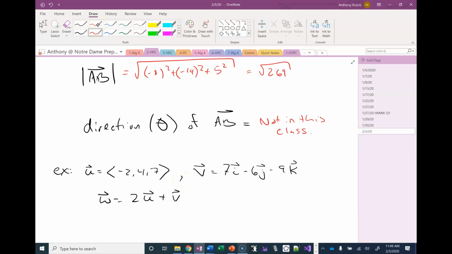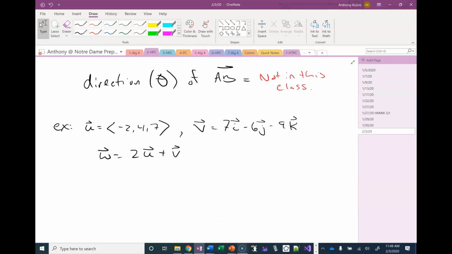So let's say we want to find a vector W that's equal to 2u plus v, where u is the vector -2, 4, 7, and v is the vector 7i minus 6j minus 9k. Do you remember how we do scalar multiplication with 2 dimensions?